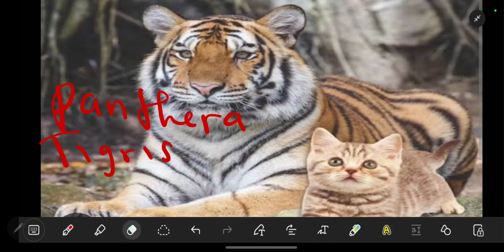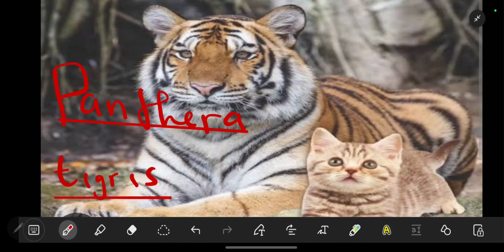If you are writing, you will write like this. If it is handwritten, the first letter P should be a capital letter. This is the genus name, you underline it, that is if you are not typing. Then this is the species.